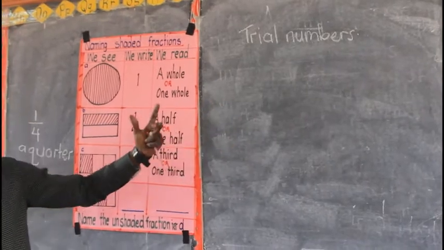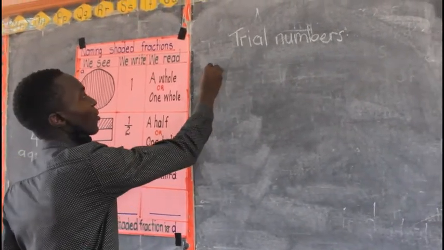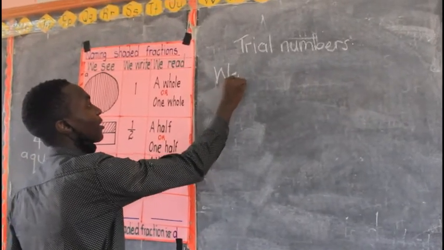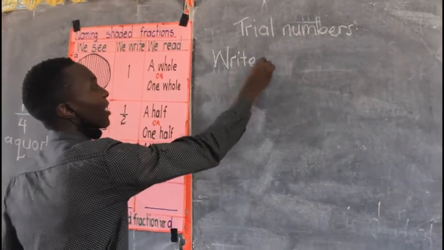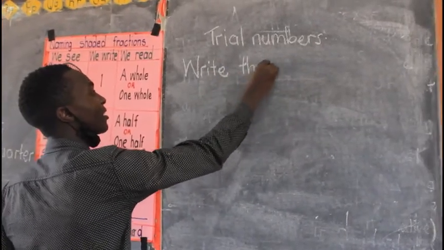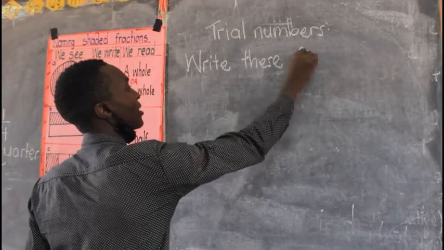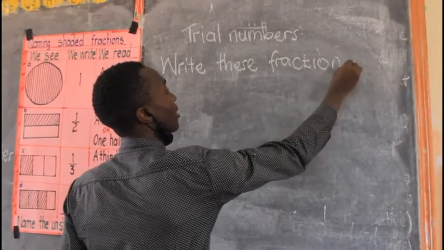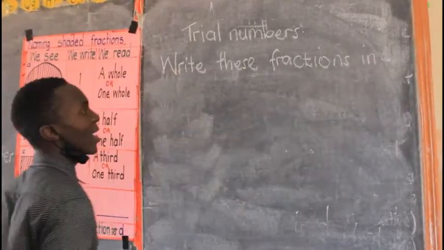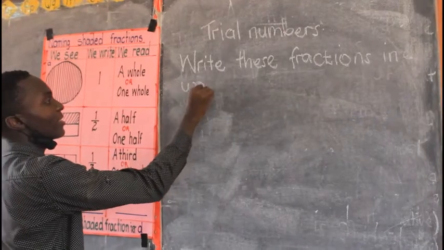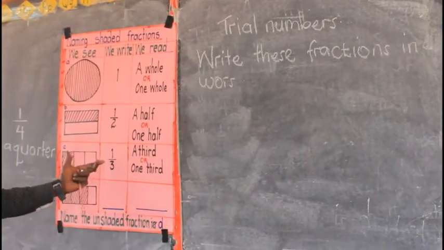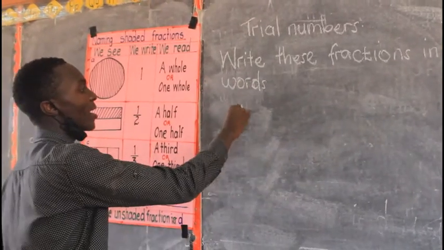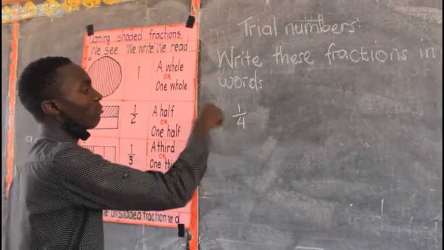Write these fractions in words. One of the fractions that I'm going to give you is 1 out of 4.